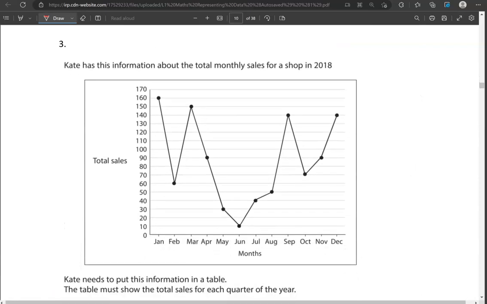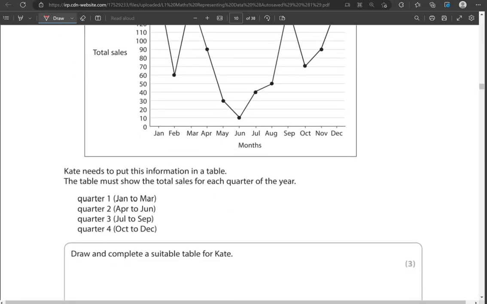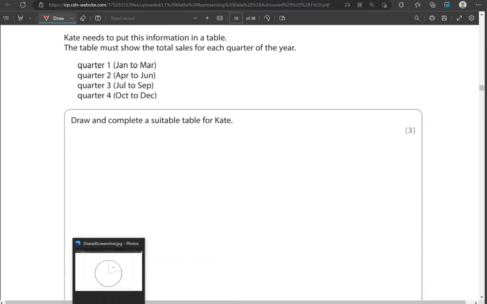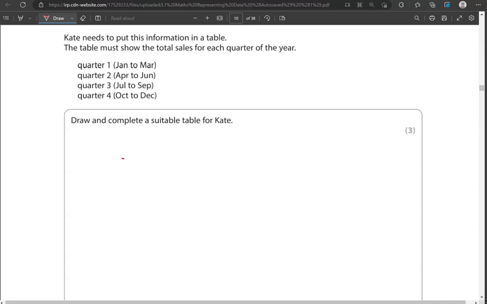Kate has this information about the total monthly sales for a shop in 2018. Kate needs to put this information in a table. The table must show the total sales for each quarter of the year. So we have quarter 1, quarter 2, quarter 3, quarter 4.